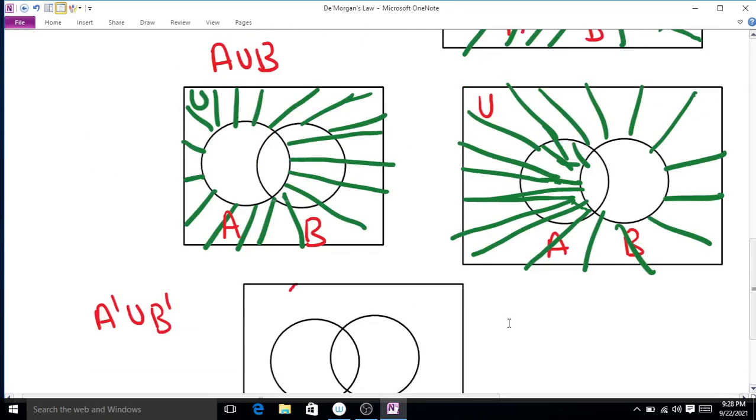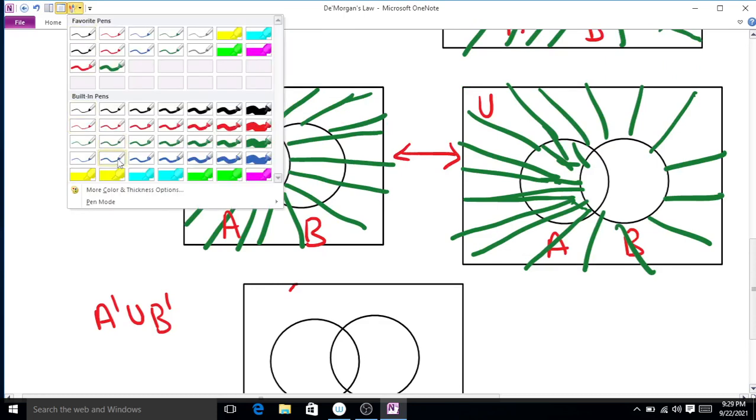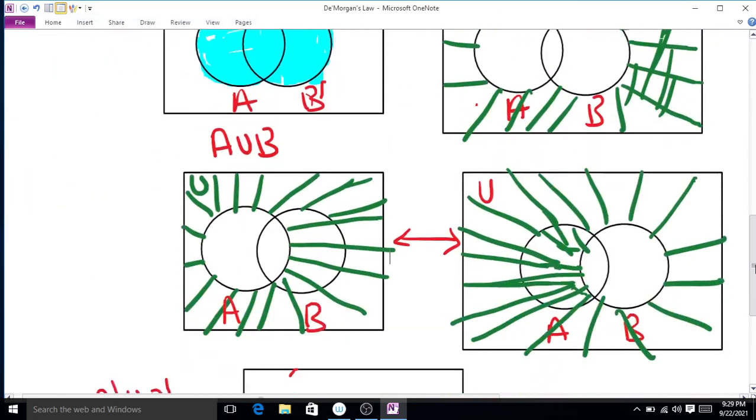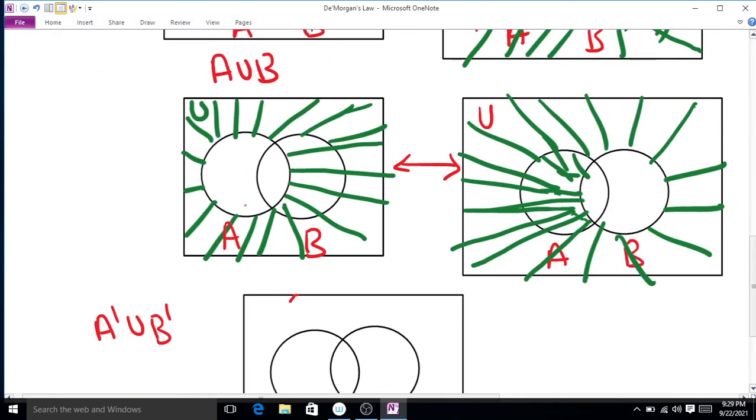then from these two Venn diagrams, we can easily determine this part is the common region. We want to determine A complement intersection B complement. So, here not union, it is A complement intersection B complement. I am writing again here A complement intersection B complement.